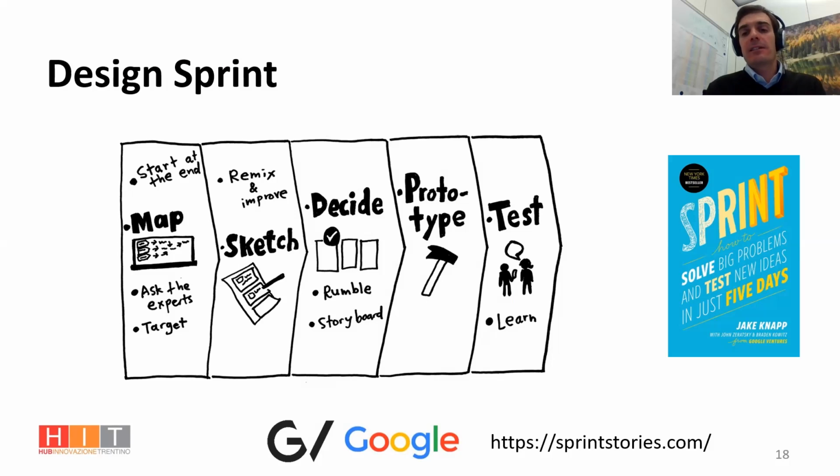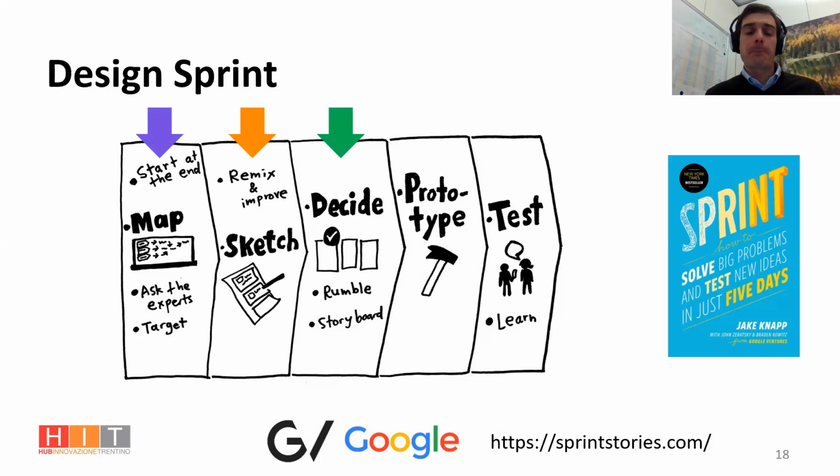And the last 2 phases are about prototyping and testing. We're not going to cover the prototyping and testing phase this evening because we don't have time, and that is really technical. We want to focus on the problem setting, and especially on the creative creation of solutions this evening. So we're going to focus on the first 3 phases of the design sprint.